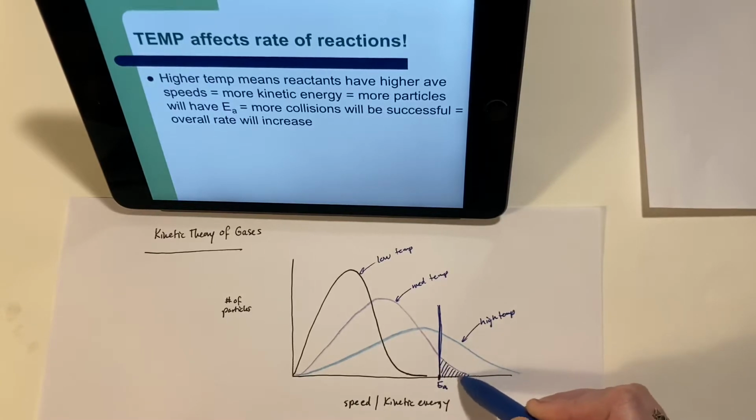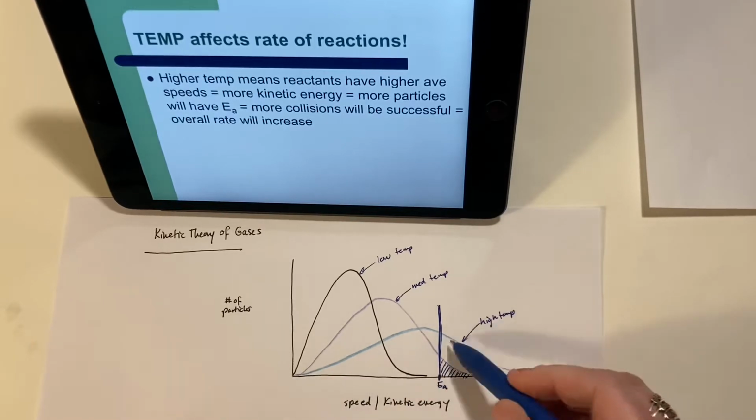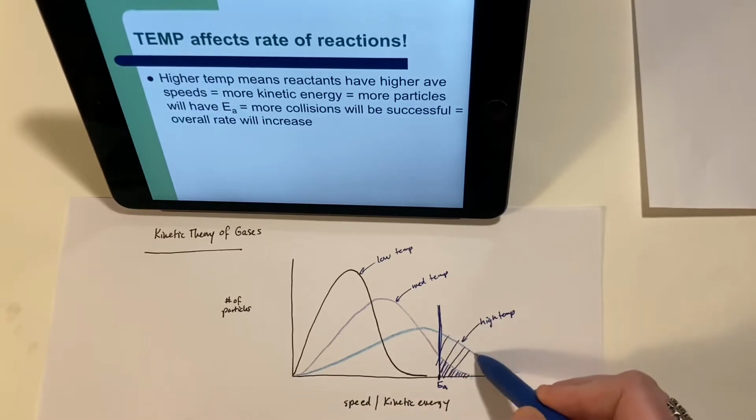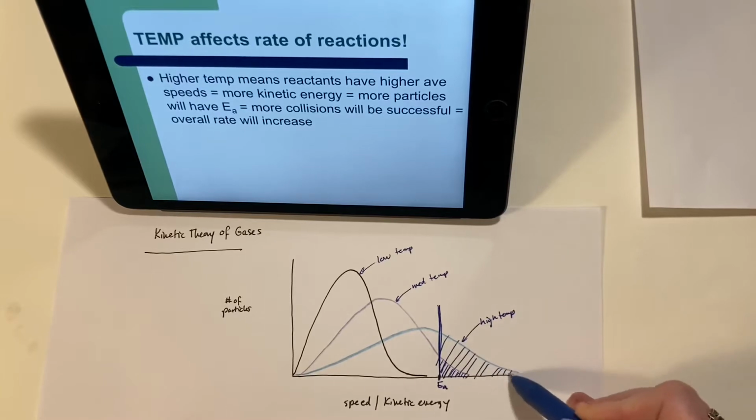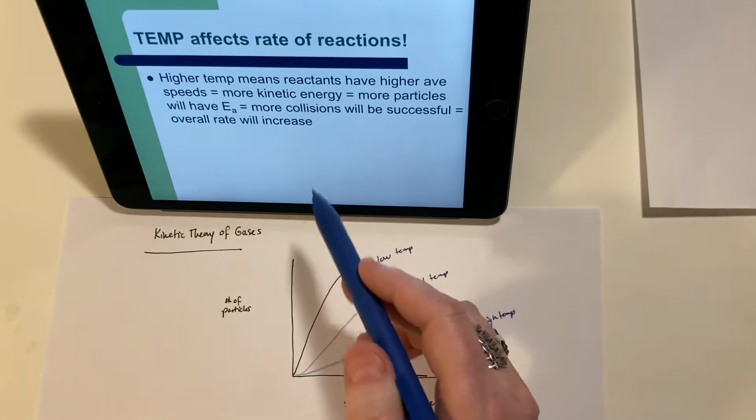Some of the fastest particles definitely are colliding with at least that energy and more, so you can get a little bit of reaction at that temperature. At the higher temperature, oh, look, we have more particles that are going to collide and activate the reaction. So at the higher temperature, we're going to get a faster reaction with more of these successful collisions. That's what we're saying here.